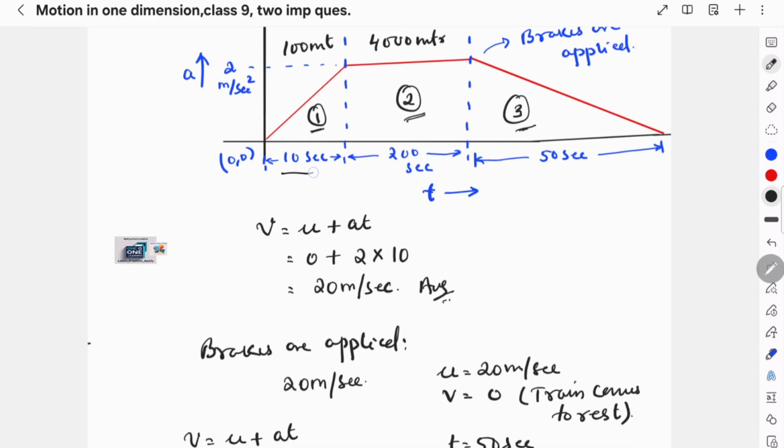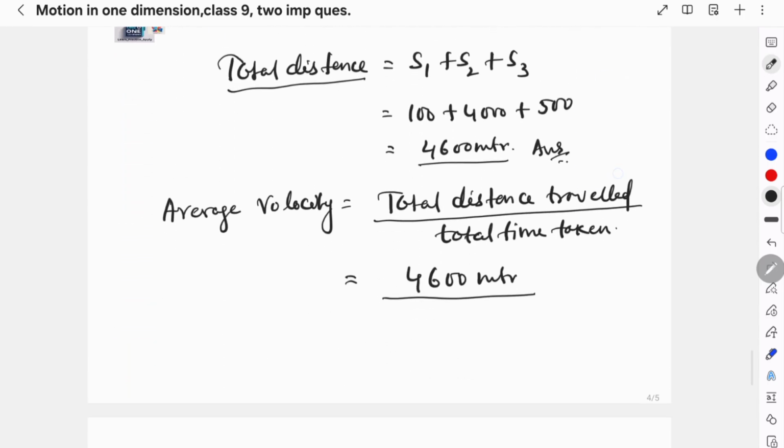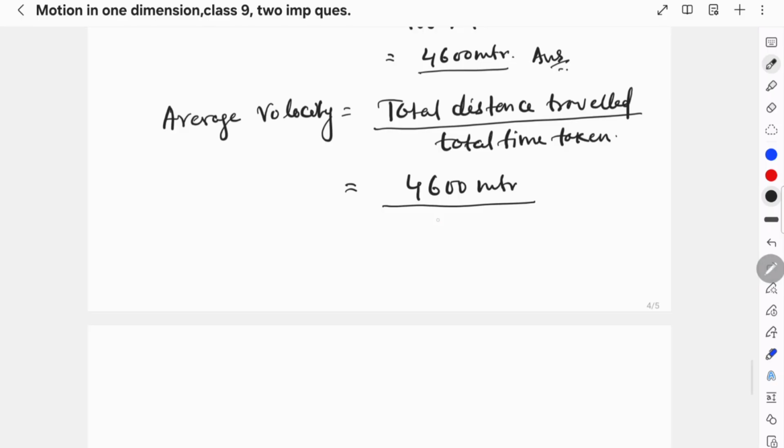For part 1 it has taken 10 seconds, for part 2 it has taken 200 seconds, and for part 3 it has taken 50 seconds. So this is 200 plus 50 plus 10, that is 260 seconds. So the total time taken is 260 seconds.